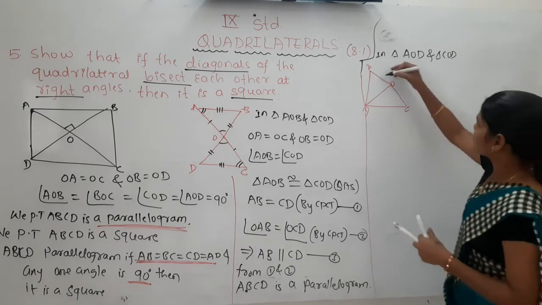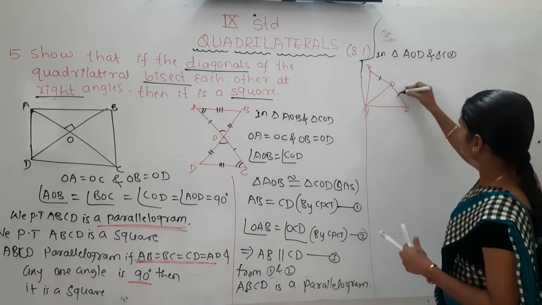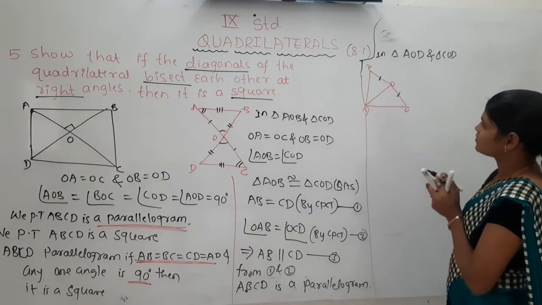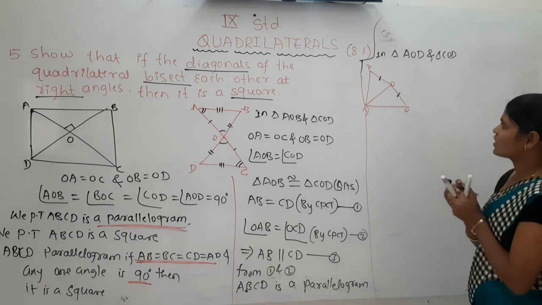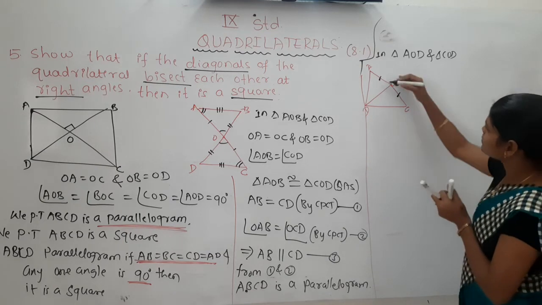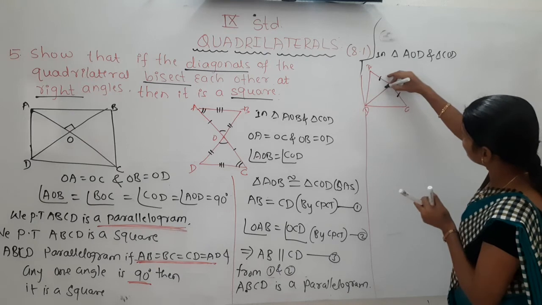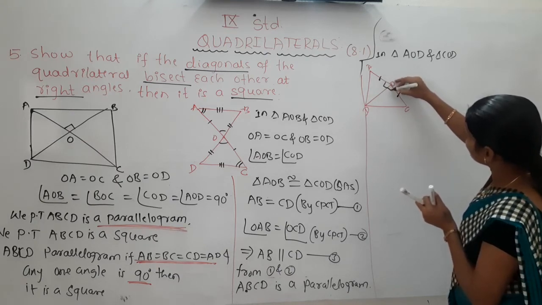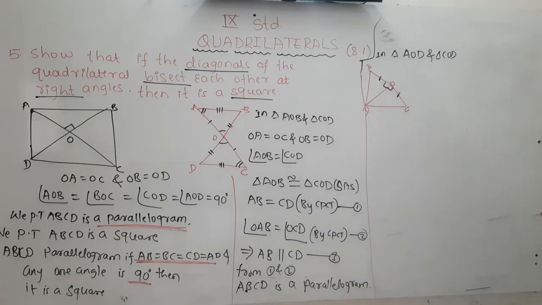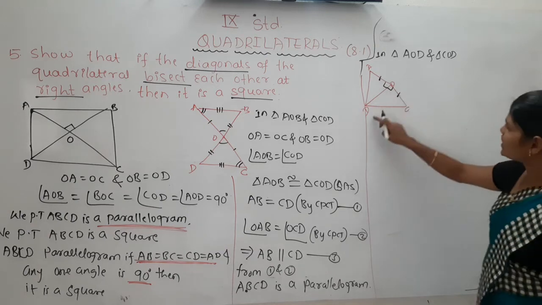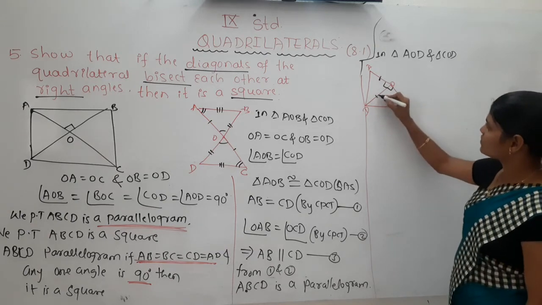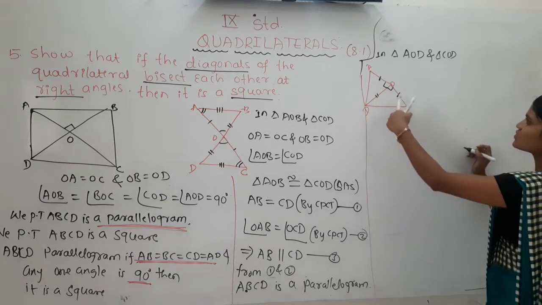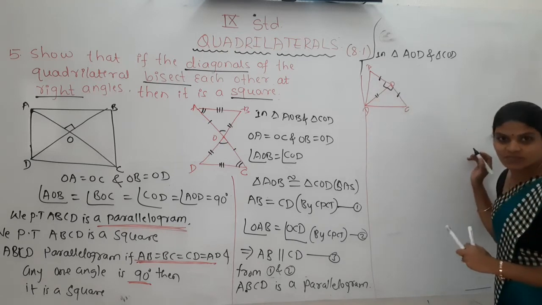Yes. OC is the same as OA. And what are the things that are the same here again? Are these two angles equal? Why? Because they intersect each other at right angles. And if OD is the same as itself, then are these two triangles congruent to each other?